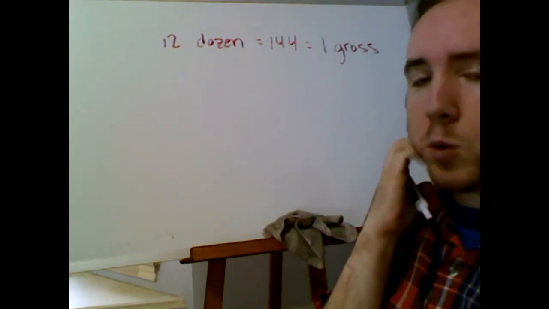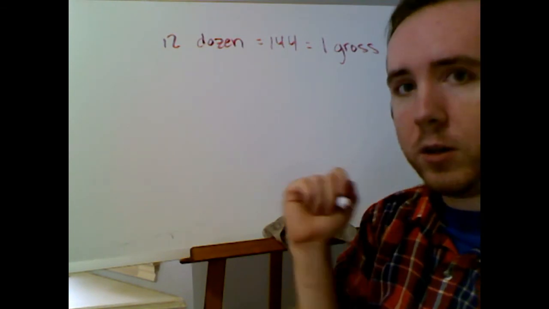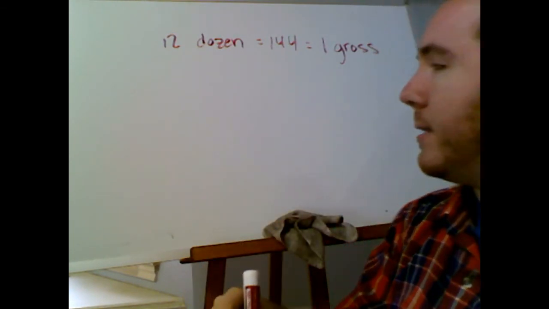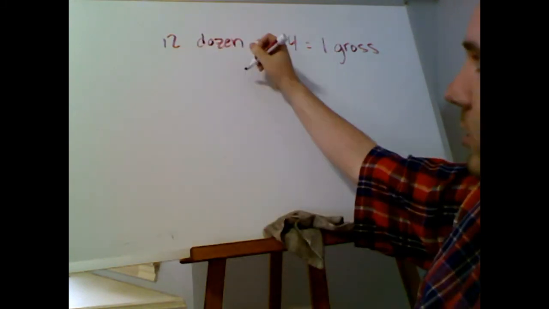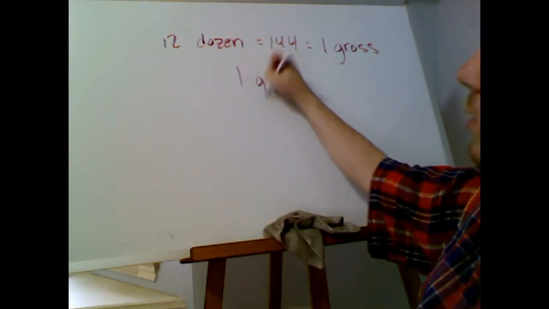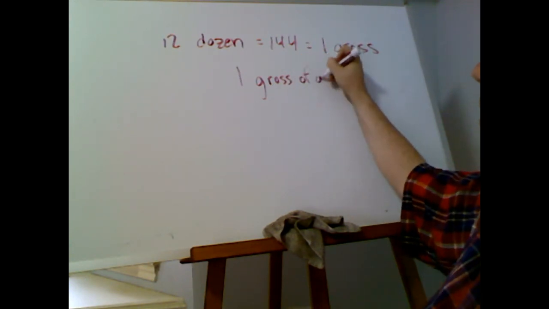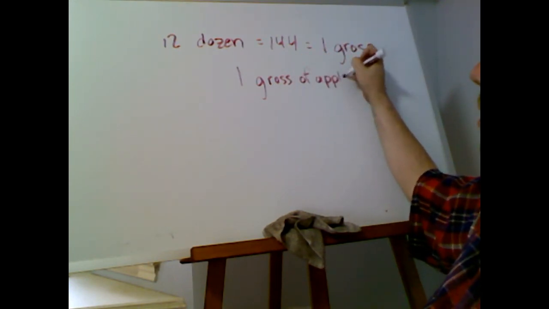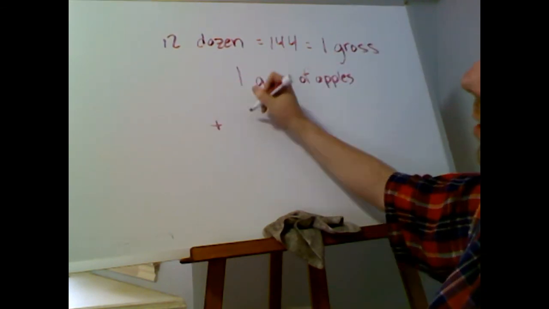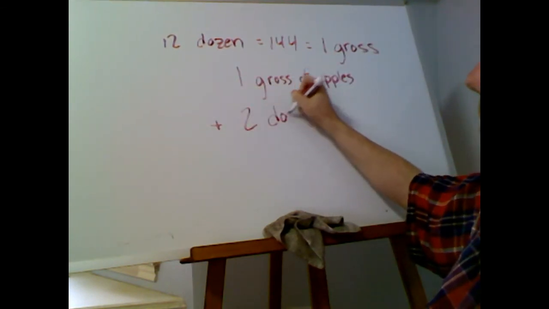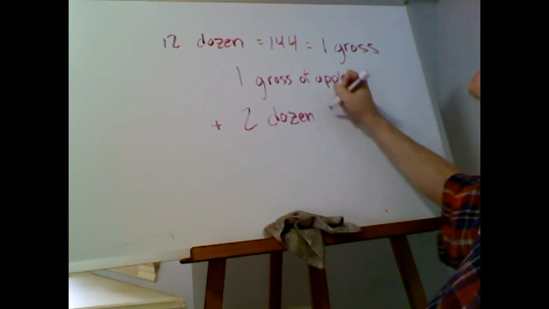That's the actual word for it. A gross is 144. And I tell you this so we can ask this next question. What is 1 gross of apples plus 2 dozen apples?